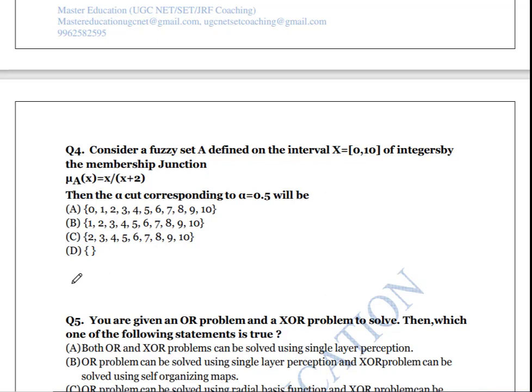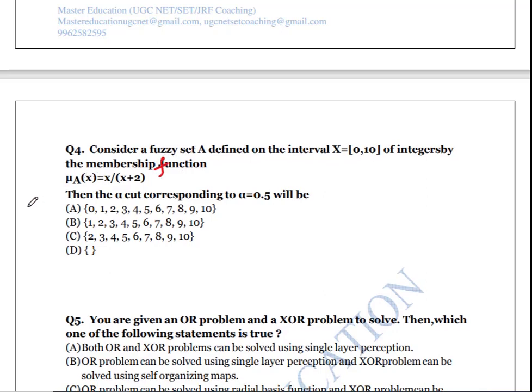The next question: consider the fuzzy set A defined on the interval x equal to 0 to 10 of integers by the membership function mu A(x) equal to x divided by x plus 2. Then the alpha cut corresponding to alpha 0.5 will be? Here they give alpha cut as 0.5, and mu A(x) is x divided by x plus 2.